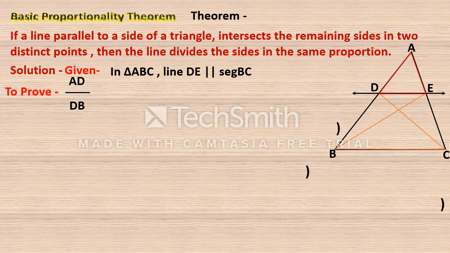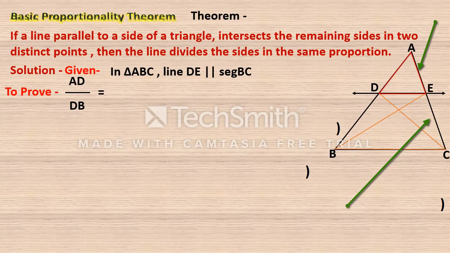Line DE divides side AC at point E and here we get two parts. Which are the parts? First part is AE and second part is EC, and the same proportion we want here means division we consider. Both divisions in same proportion means equal.